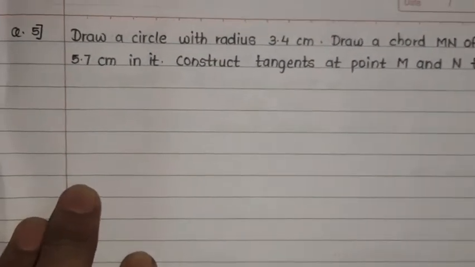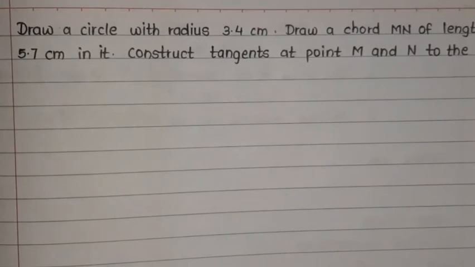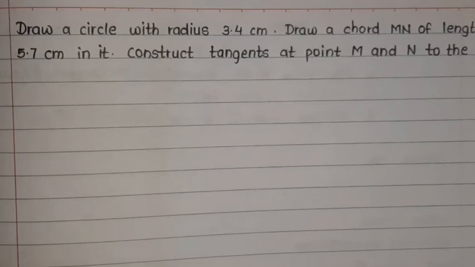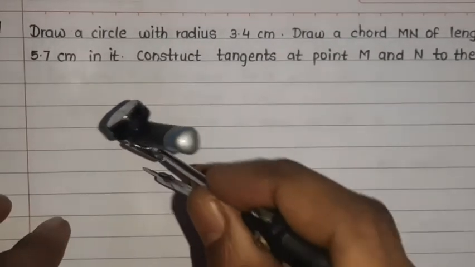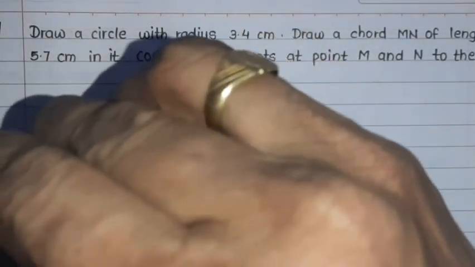See here, we have to draw first of all the analytical figure or the rough figure. First of all, we have to draw a circle. See here, this is a circle.